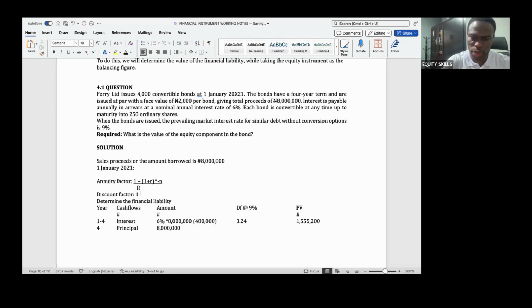It's just 1 plus R raised to power minus N. If I punch my calculator with that, I should get 0.708.